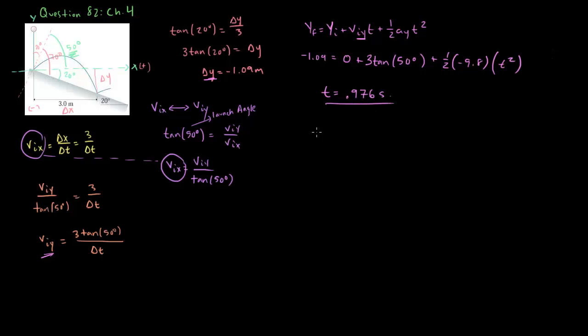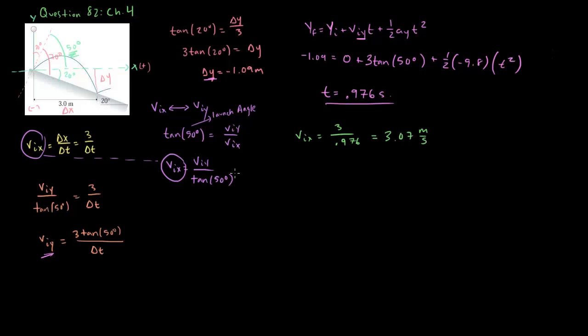Now I'm going to go back and try to get my initial x and initial y. So if I go back here, I know my velocity initial x is going to equal 3 over change in time, which we know now is 0.976. So that's going to be 3.07 meters per second.